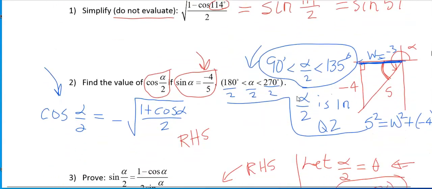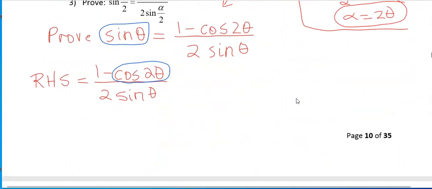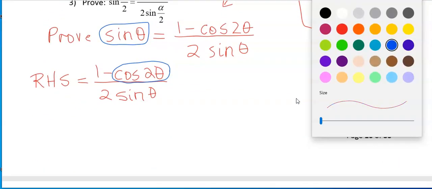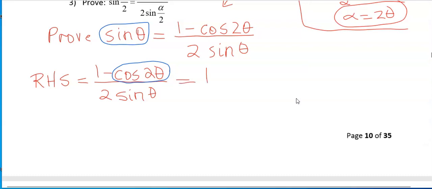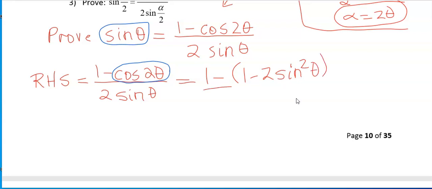So let's go back to the proof. I'm going to say this is equal to 1 minus, and now in brackets, don't forget your brackets, 1 minus 2 sine squared. Now the angle here is theta, so I'll put my theta in, divided by 2 sine theta.